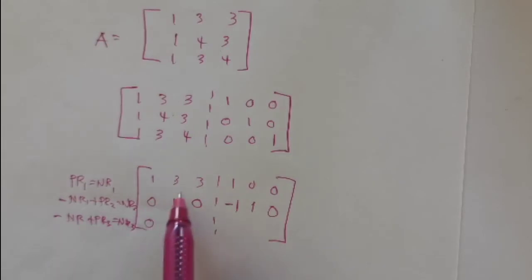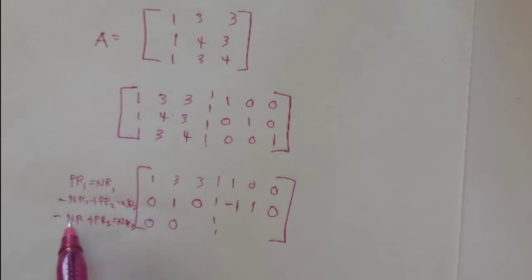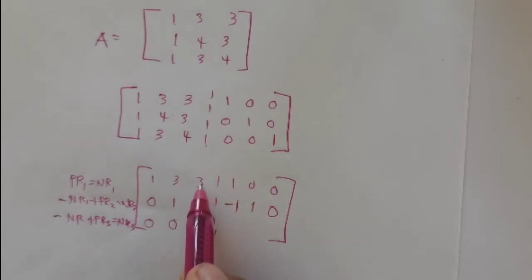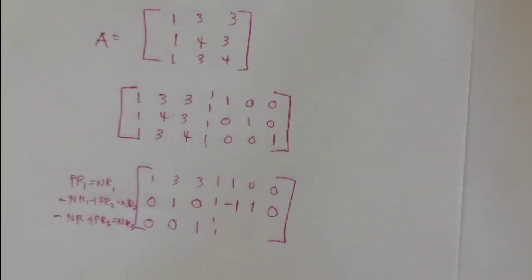Negative 1 times 3 is negative 3, plus 3, is 0. Negative 1 times 3, negative 3, plus 4, is 1. Negative 1 times 1, negative 1, plus 0, is negative 1. Negative 1 times 0, 0, plus 0, is 0. And negative 1 times 0, 0, plus 1, is 1.